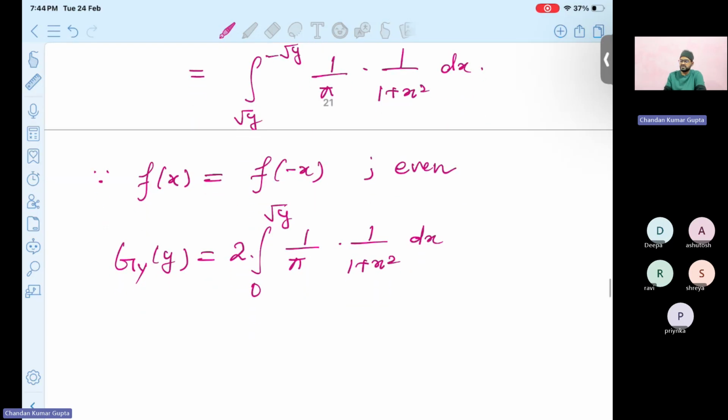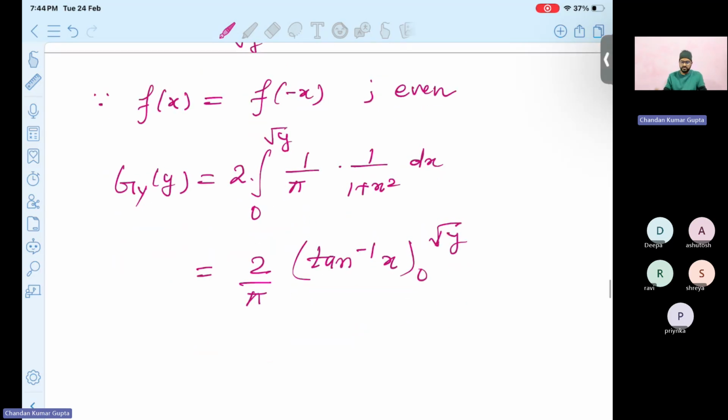Simple. And the integration of 1 upon (1 plus x square) is tan inverse x, from 0 to root y. Now it comes out to be like what?